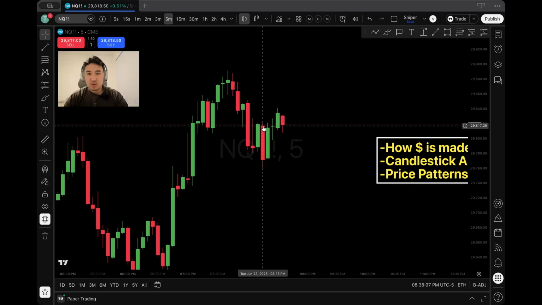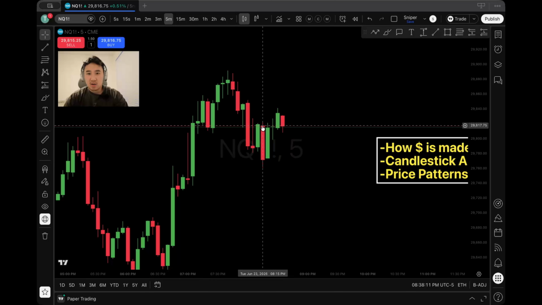for a bearish candle, meaning that price started higher and then ended up closing lower here, right? So let's say if you take away the wicks, don't worry about the wicks right now. Let's just say this is a 5-minute candle.